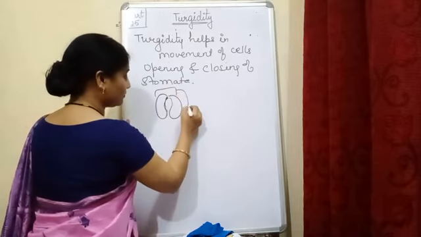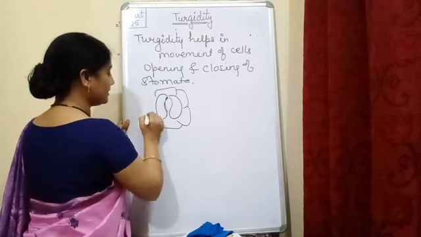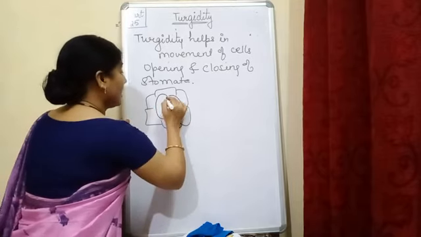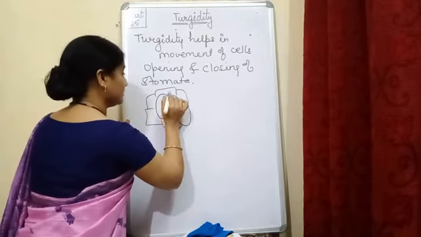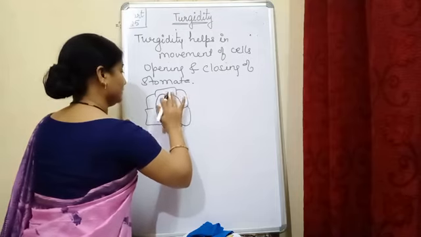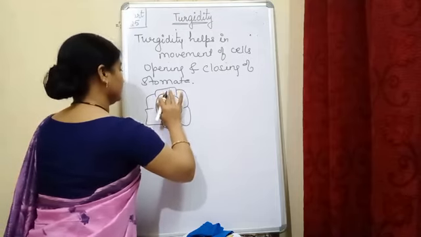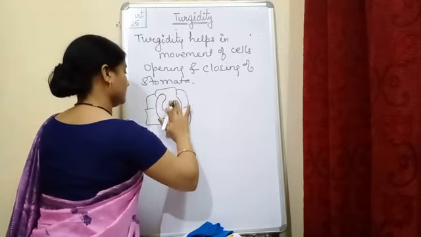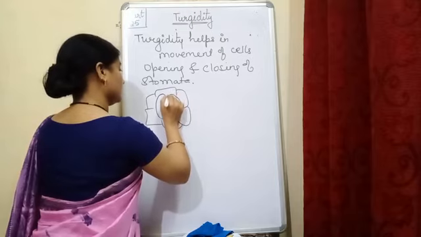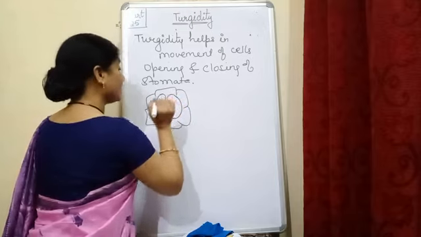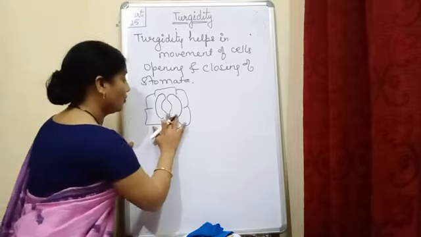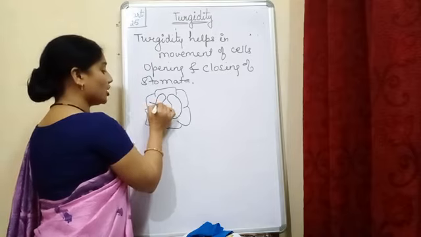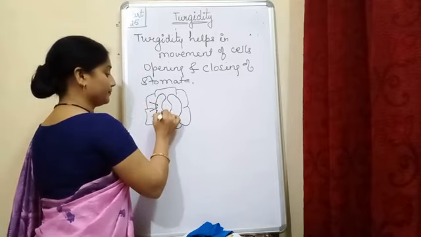These are the cells of the stomata. Now see what happens. The guard cells, this. Okay, let me draw it like this. The guard cells of this stomata, they will absorb water from the tissues.